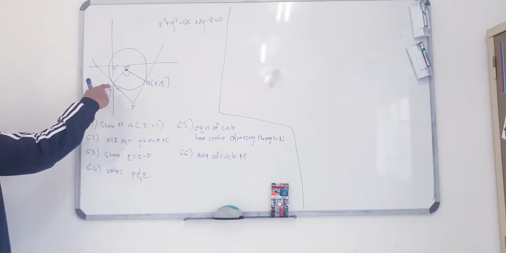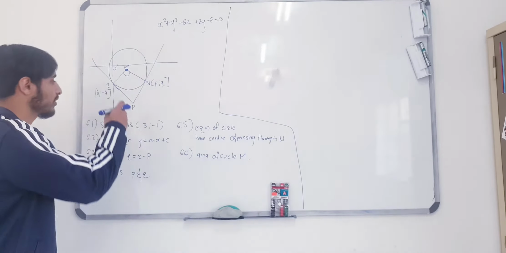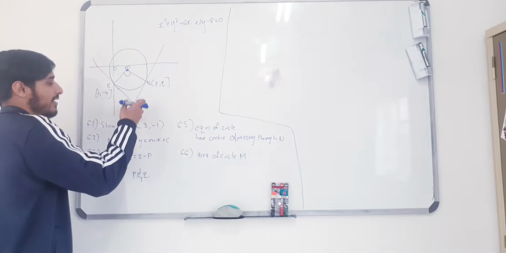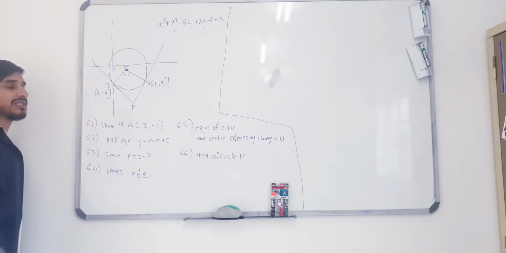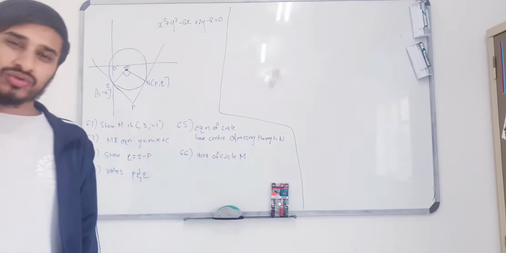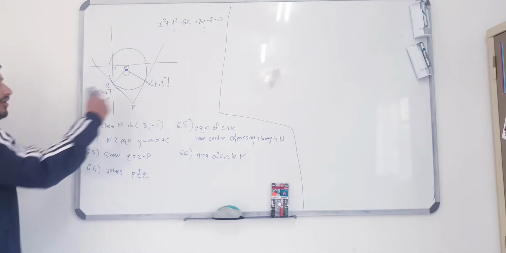Point R is on the circumference of the circle, and there's the line, a tangent there. Then P and M are also a tangent, and it touches the circle at one point, so it's a tangent to the circle. M is also on the circumference of the circle.